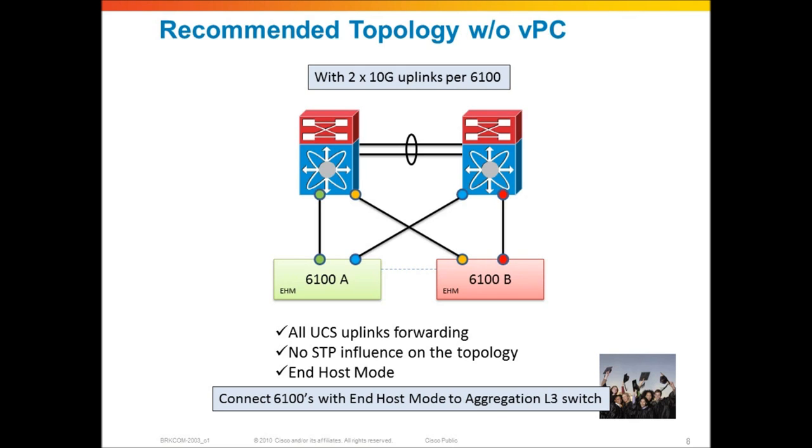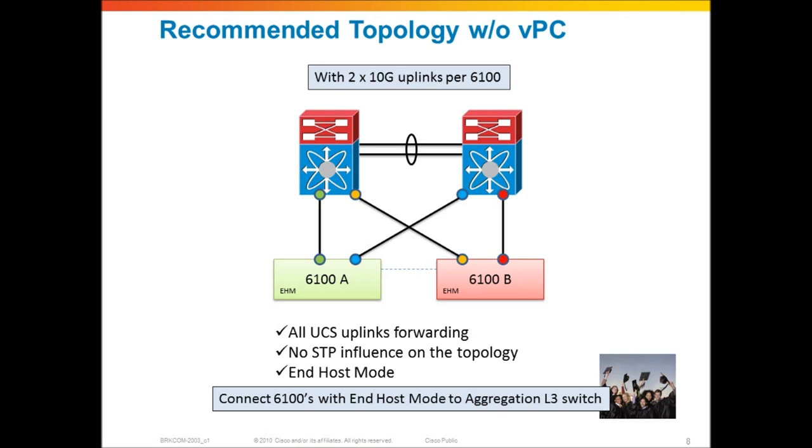Now here's another look at a scenario where we don't have VPC in the topology upstream, and that's okay. And here's where I may only have 2 interfaces or 2 uplinks available per 6100 for linking to the upstream LAN. Now, rather than taking those 2 links and making a port channel, what I've decided to do is instead make my first priority to redundantly attach each 6100 to each upstream LAN switch.